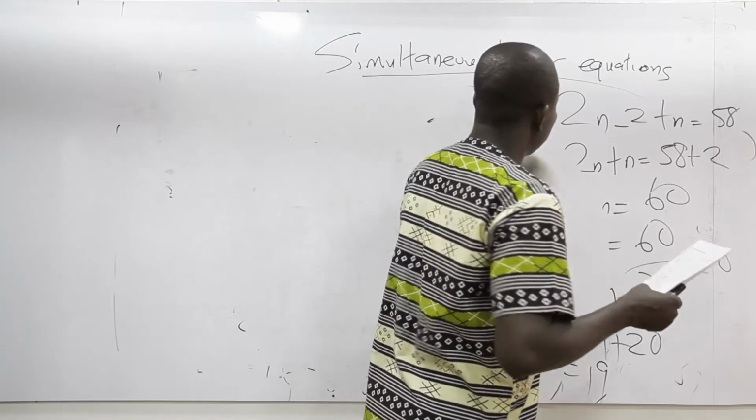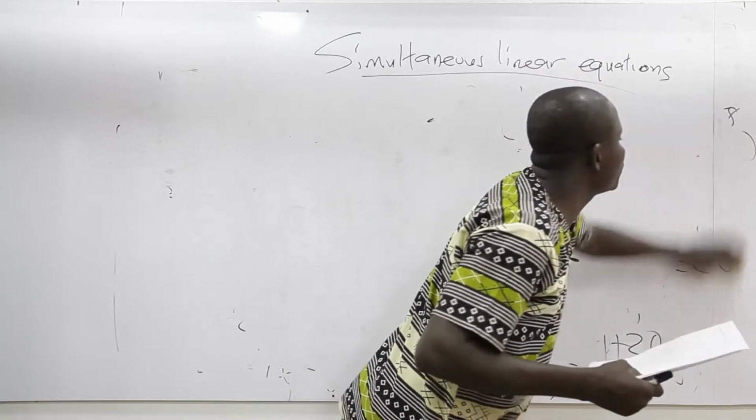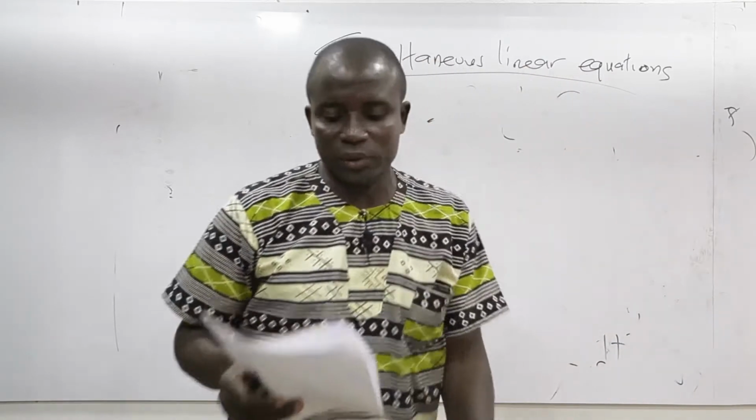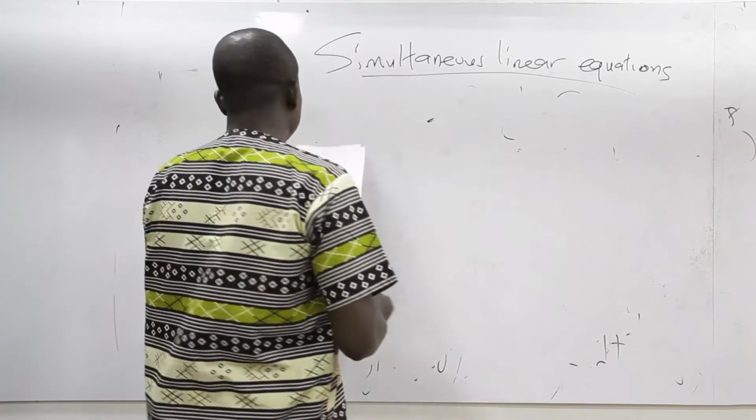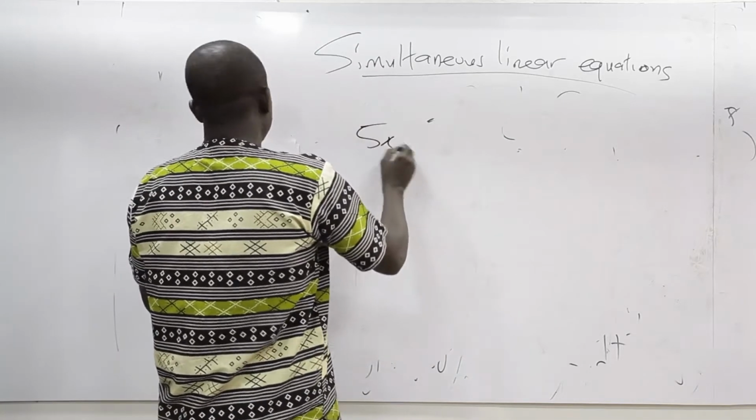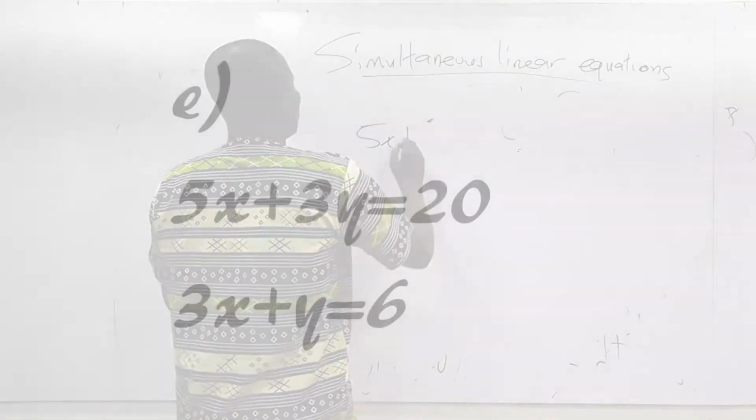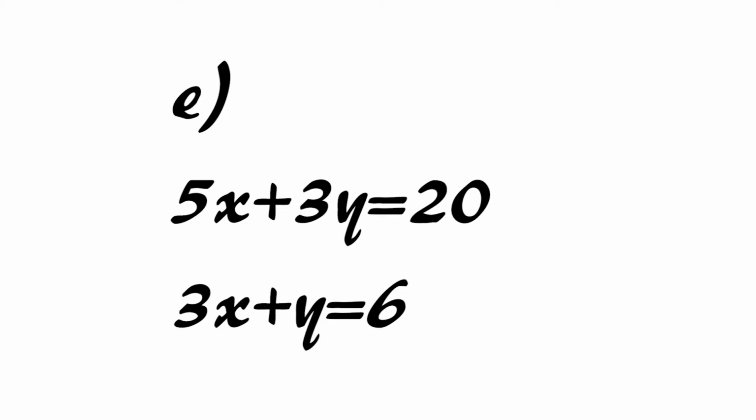So quickly let's see these two. This one we shall move faster a bit because we already gotten the information. So 5x plus 3y is equal to 20, which is equation 1. Then 3x plus y is equal to 6. Which one are we going to make the subject?